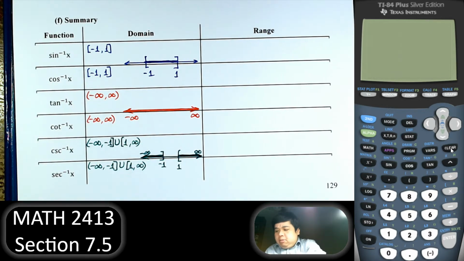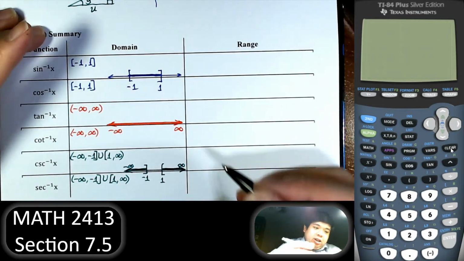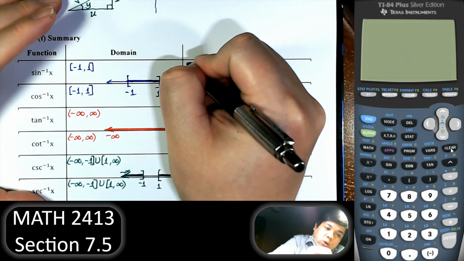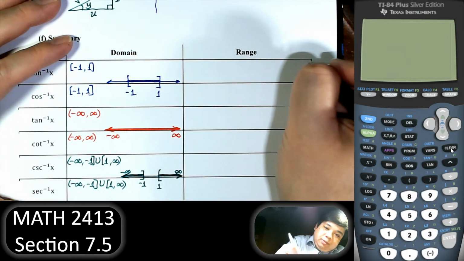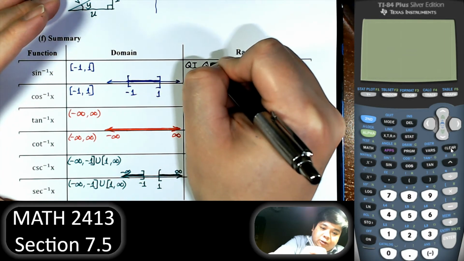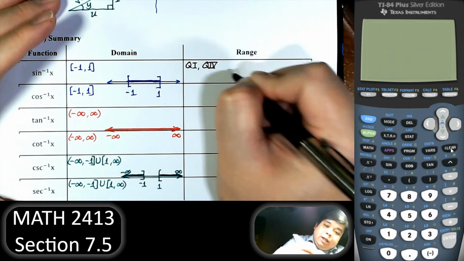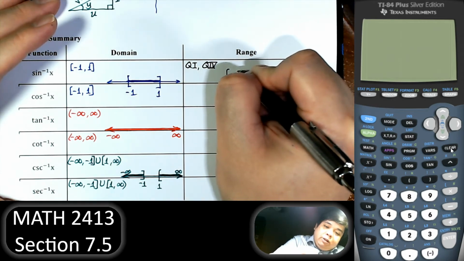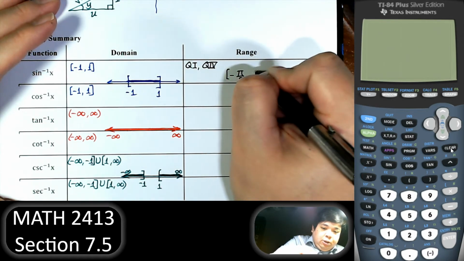Now in terms of range, there are only two types. So sine inverse will be in quadrant 1 and quadrant 4. In particular, negative pi over 2 to pi over 2.